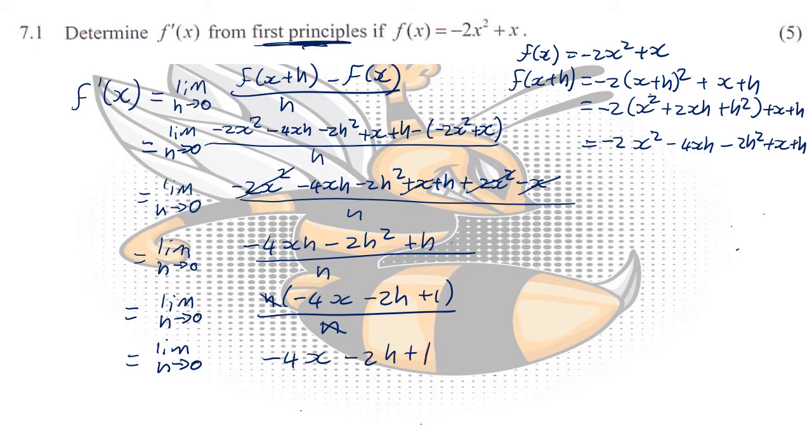It is safe to substitute in the 0 now. So we have minus 4x minus 2 times 0 plus 1. Then we have minus 4x plus 1. If you did not use first principles and you immediately jumped to the answer, you would not get any of your marks because they did say using first principles.